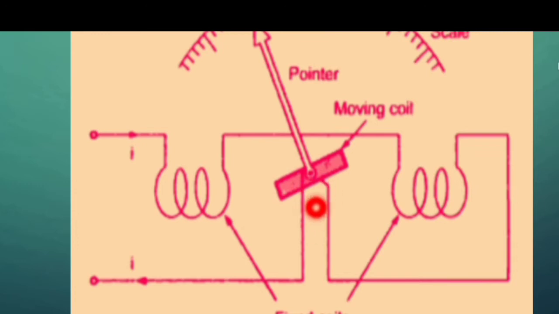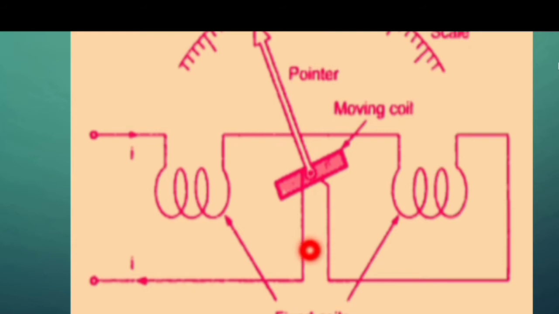To provide the controlling force, we make use of a spring arrangement. A spring is directly connected at the bottom of this moving coil, which produces a force in the opposite direction of the force developed to deflect this moving coil.